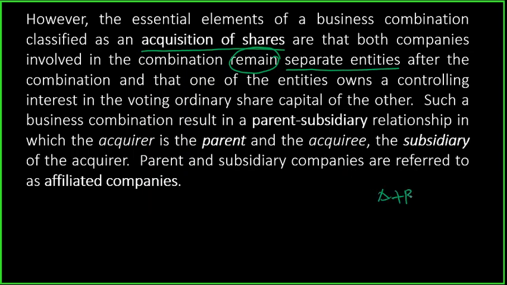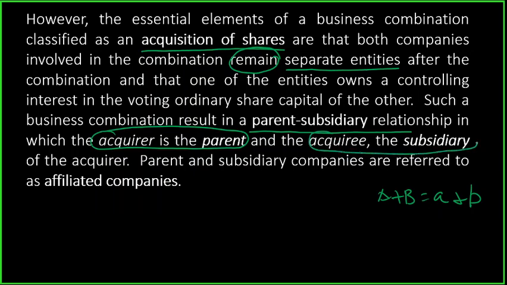A plus B equals A and B. Such business combination results in a parent-subsidiary relationship in which the acquirer is the parent and the acquiree is the subsidiary. And they are referred to as affiliated companies when there is a parent-subsidiary relationship.